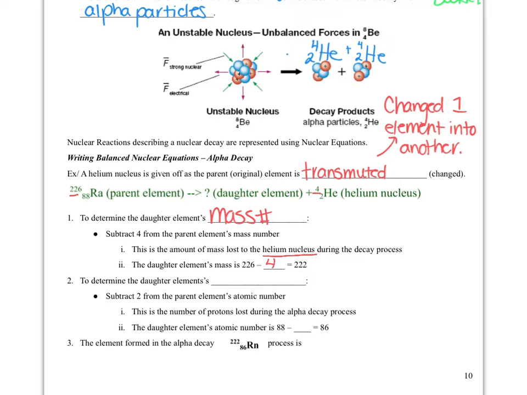To determine the daughter element's atomic number, we're going to do the same thing, but looking at the bottom numbers. So we're going to subtract 2 from the parent element's atomic number. Our parent element's atomic number was 88. We're subtracting 2 because of the 2 in helium, and we get 86. 86 will tell me what element we have made. 86 is the atomic number for radon.